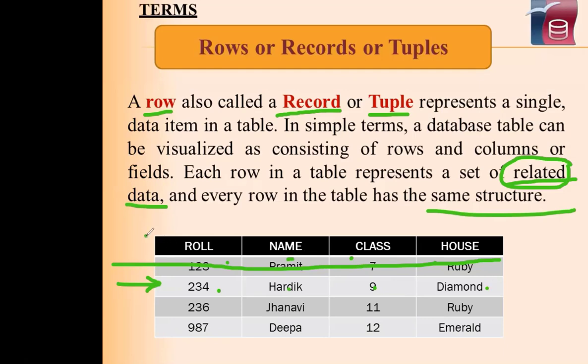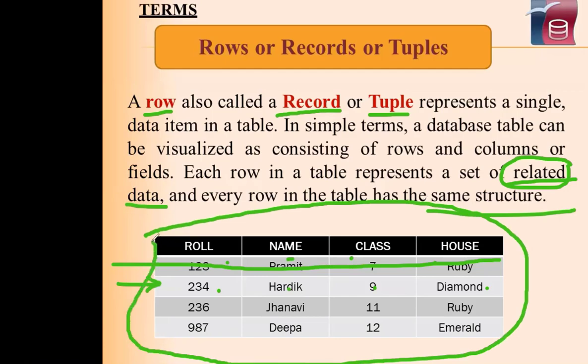We have defined the structure of the table, and all the students' records I'm storing will follow the same structure. Every time, I will be storing only these 4 pieces of information and nothing else. If my structure does not permit storing the telephone number and email ID, I cannot store them in this table.